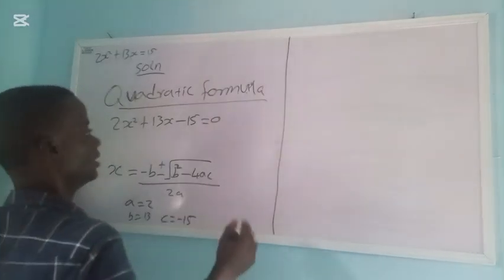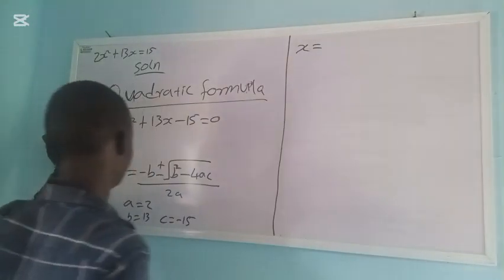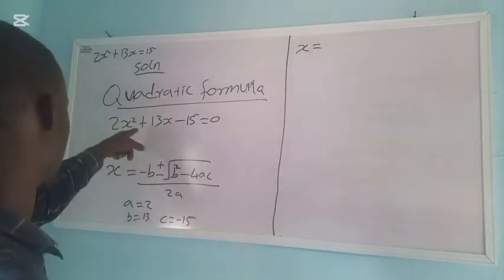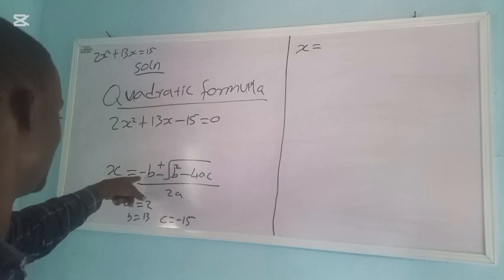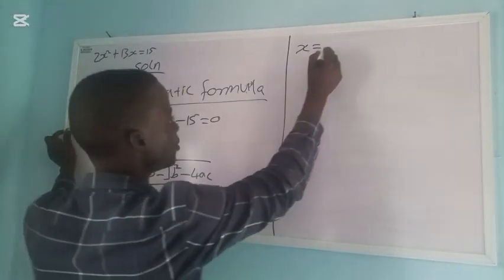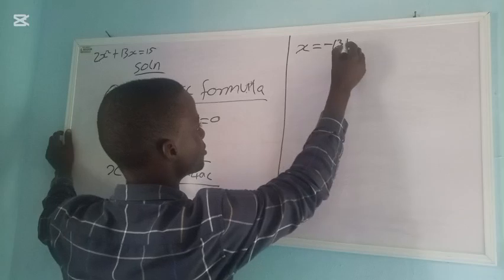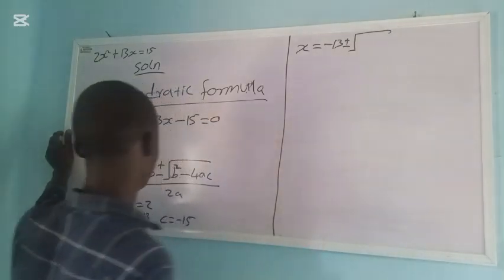So let's put it here. We will have x is equals to minus b. This b is plus 13, so plus 13 times this minus is still minus. So we have minus 13 plus or minus, we will now put the root.